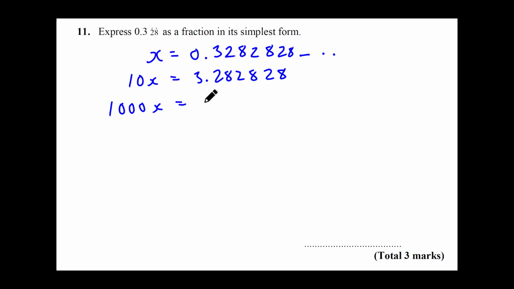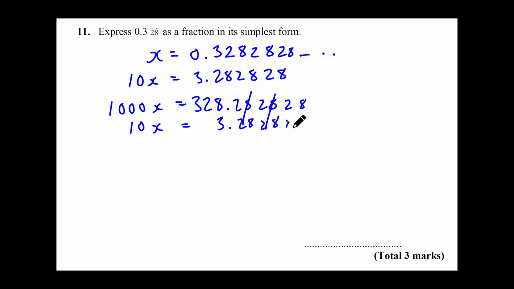So multiplying the decimals out, that's 328.282828. Let's just write the 10x underneath, so you can see you've got the 3.2828. You can see nicely now that all the recurring decimals will cancel.